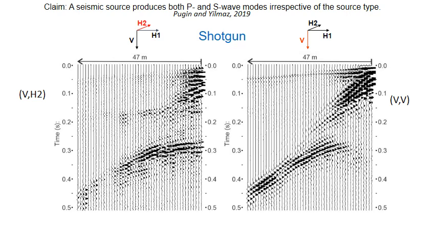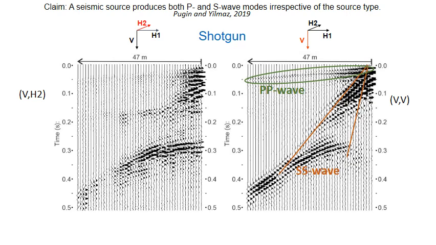Here we show an end-on shot record using a 12-gauge shotgun source. As in the previous slide, we can also see first the P-wave reflections and S-wave reflection at a higher angle.